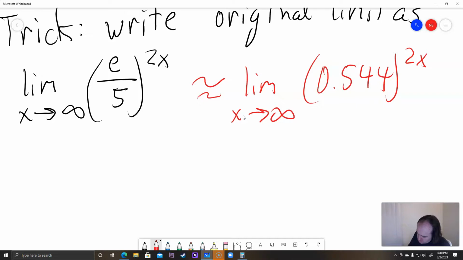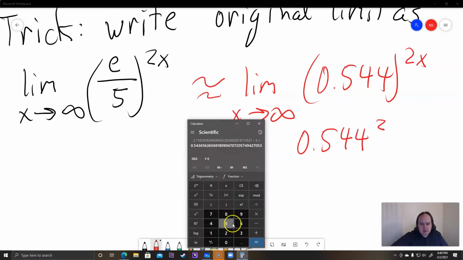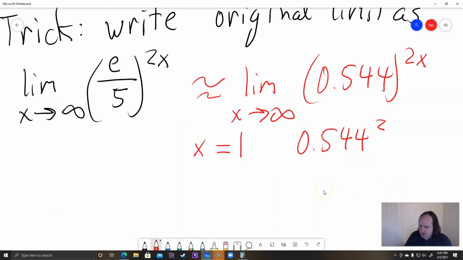So if I plug in x equals 1, we're going to have 0.544 squared, which is 0.29. We'll just say it's 0.3.